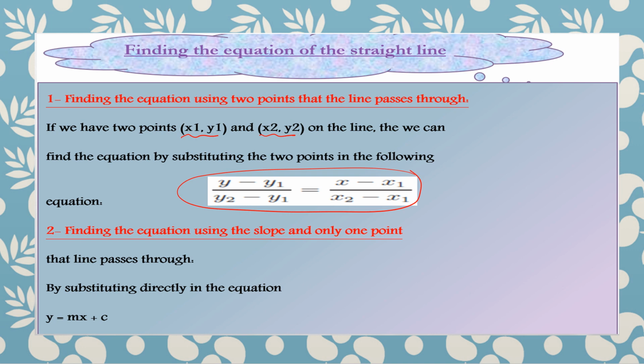Another method is to have the slope and only 1 point that the line passed through, by substituting directly in the equation y equals mx plus c, as we already have the slope, and by substituting the point in this equation we can get c.